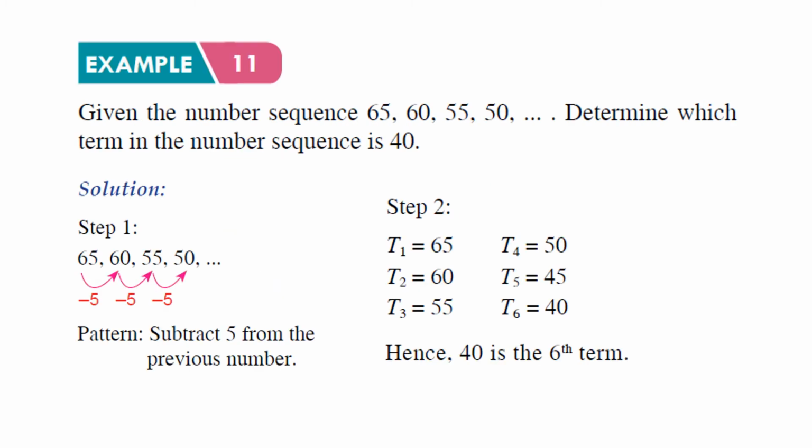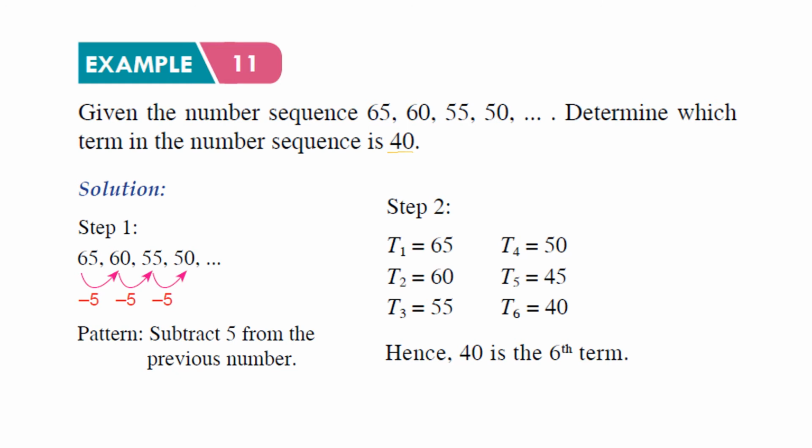Let's look at example 11. Given the number sequence 65, 60, 55, and 50, and so on. Determine which term in the number sequence is 40. So we need to find which term is the number 40.